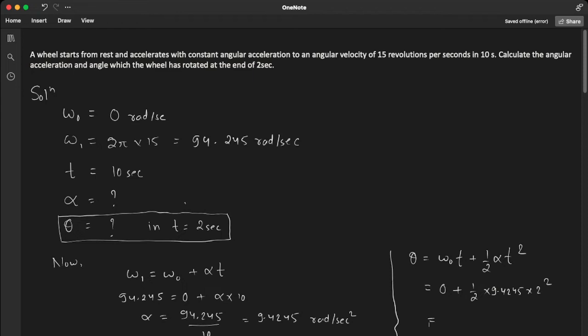This comes to be 18.849 radian. It must be clear that the angle measured is in radian, as we have taken the units as radian per second. So this was the solution of our first question.